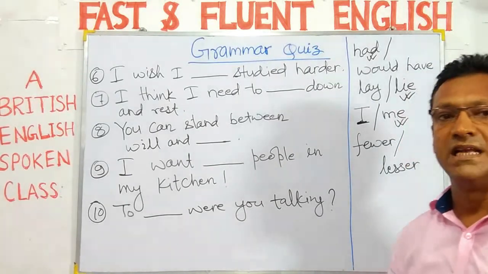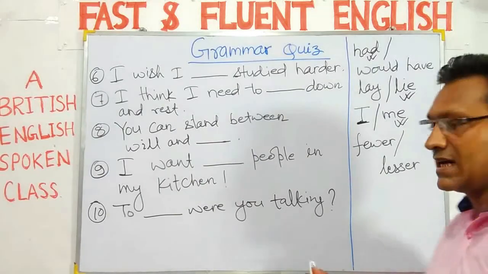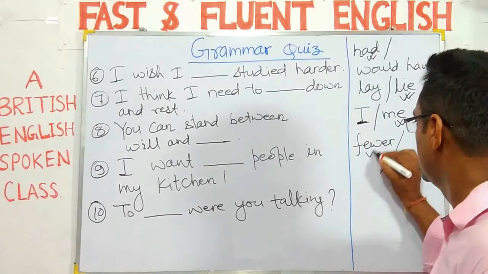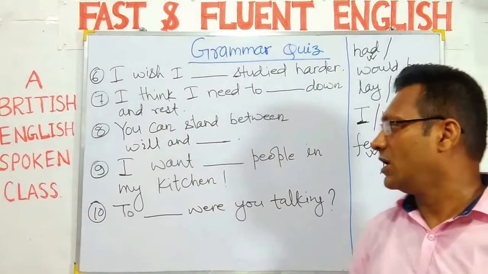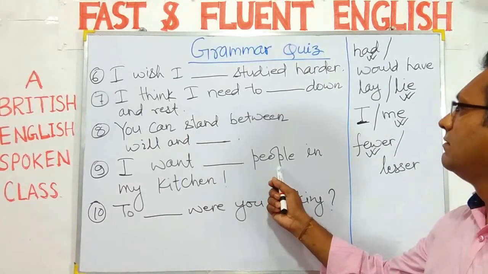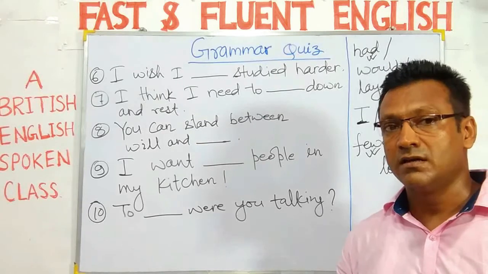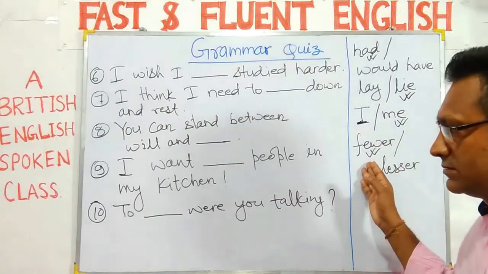The correct answer is fewer, because people are countable noun. People countable noun है, and so we'll use fewer.